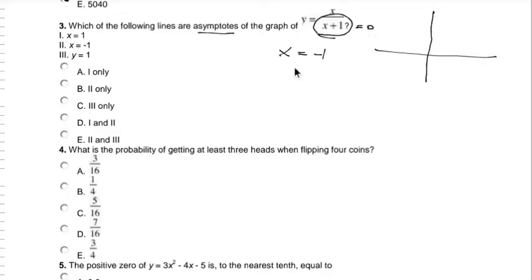So we cannot have x over 0 as a ratio, as it's undefined. Okay, so this graph, it will be trying to reach it on either side like that. So the line x equal to -1 is unreachable, and that's the only solution. Okay, so there's going to be just one solution, which is part 2. So the answer is A, just one line.